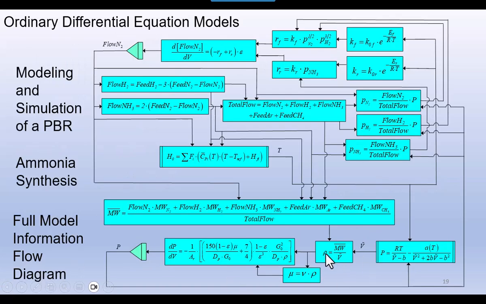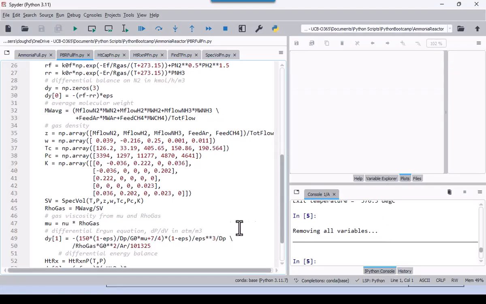We get the gas density from the average molecular weight over the specific volume, and the specific volume comes from solving the Peng-Robinson equation of state. So what we're doing here is setting up all the parameters for the Peng-Robinson equation of state according to that earlier slide showing how we come up with the mixture coefficients.